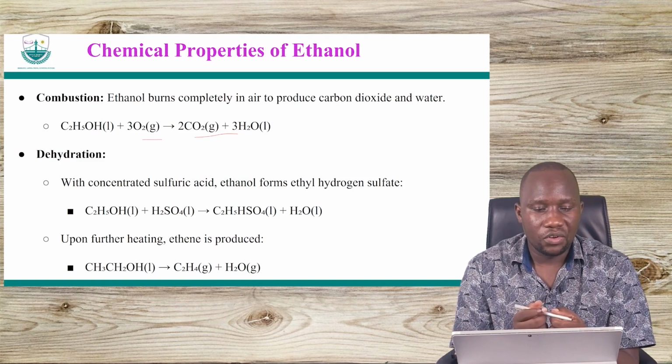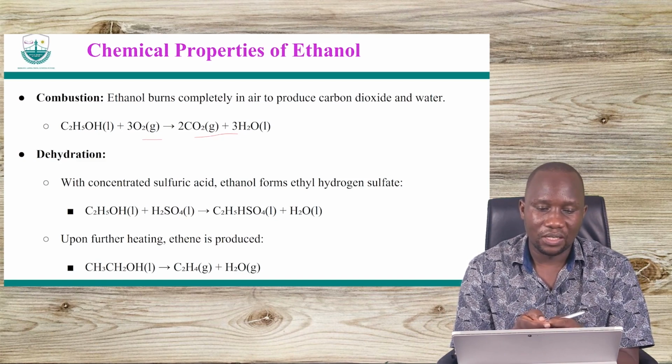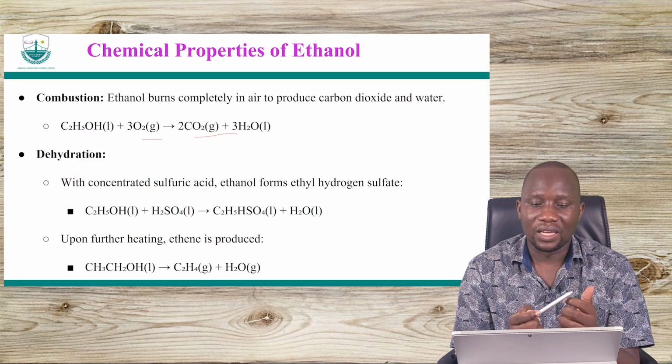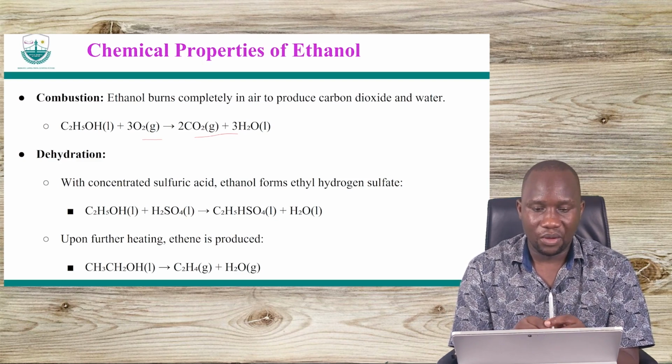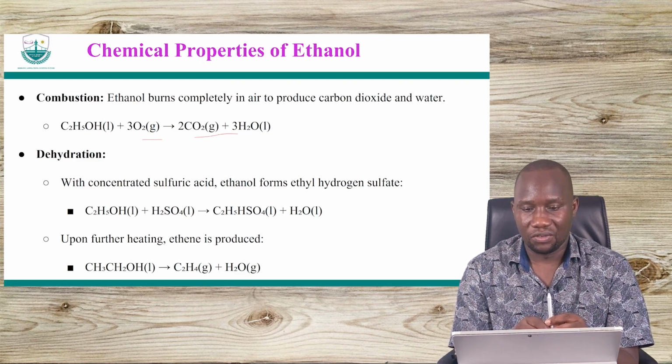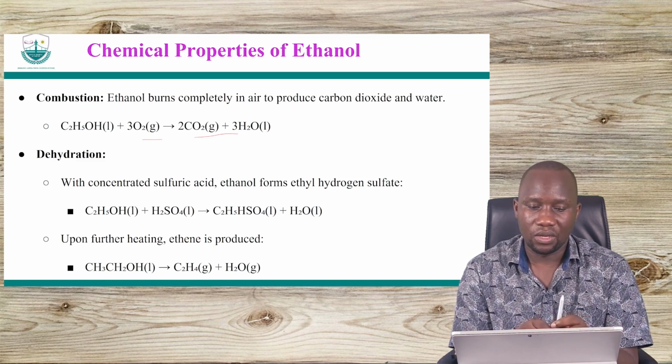The next reaction that we can talk about is dehydration. The dehydration reaction, which we saw earlier on, is coming back here. When you get an alcohol, you react it with concentrated sulfuric acid, you form ethyl hydrogen sulfate, isn't it?